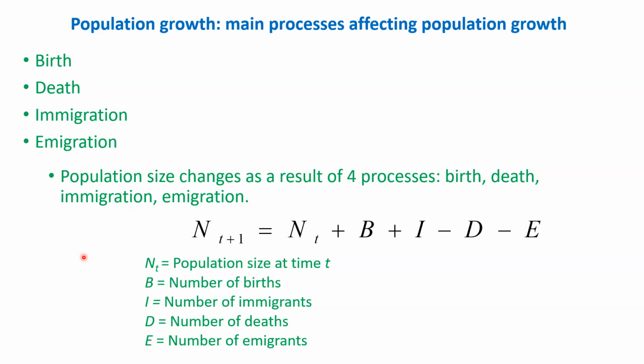Immigration is the phenomenon where individuals move from one population to another, and you subtract the number of individuals that died in the population and the number of individuals that emigrated, meaning those individuals that left this focal population and joined another population.